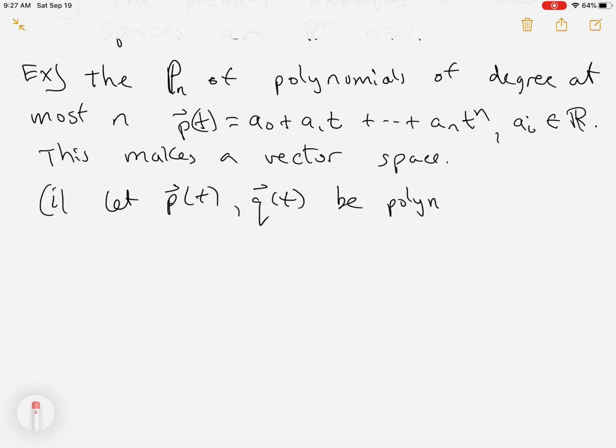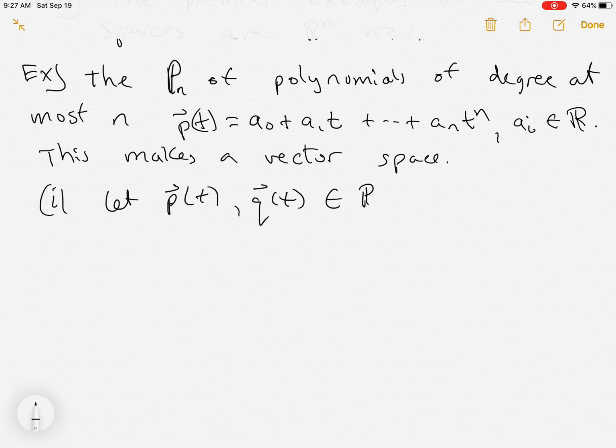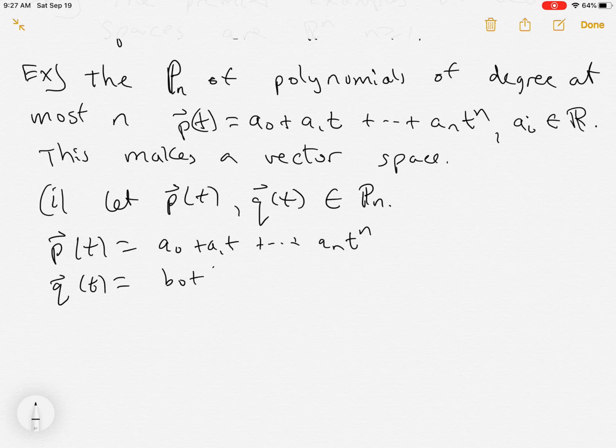Let p(t) and q(t) be elements of P_n, right? So then p is the vector I have defined above. And q, I'll define to be the vector, this guy, with the b's.